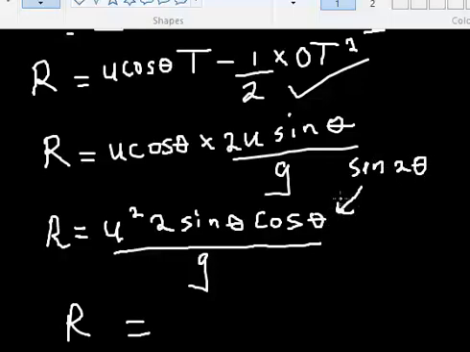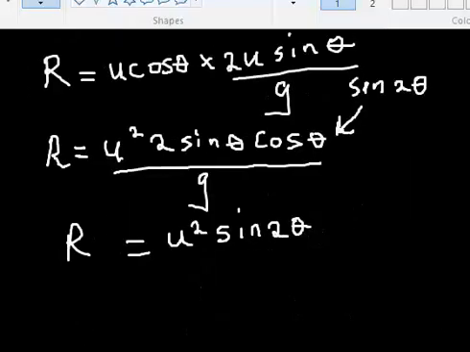So possibly you should go check out trigonometry compound angle, then you see the proof to this. So now my range becomes U squared sine 2 theta, all over G. So that is it.